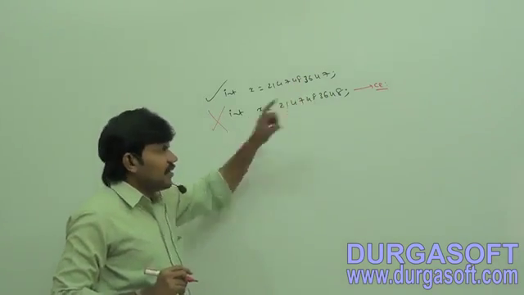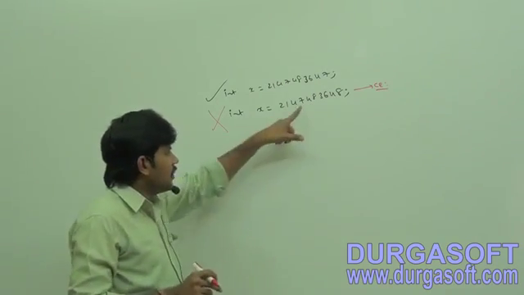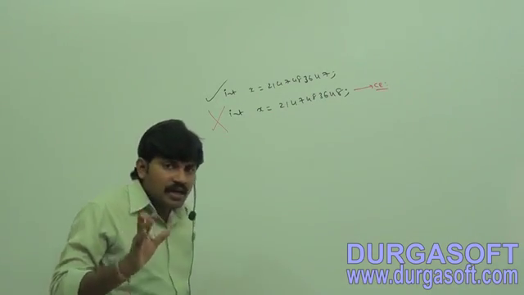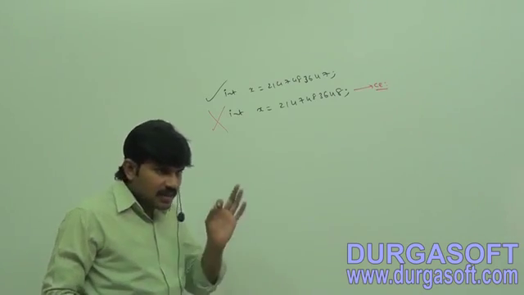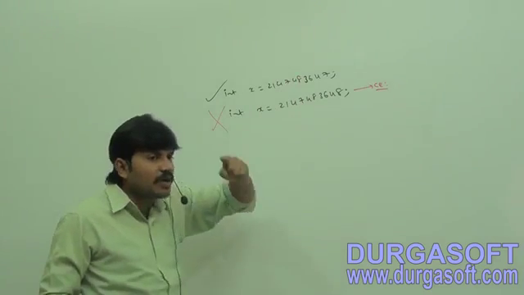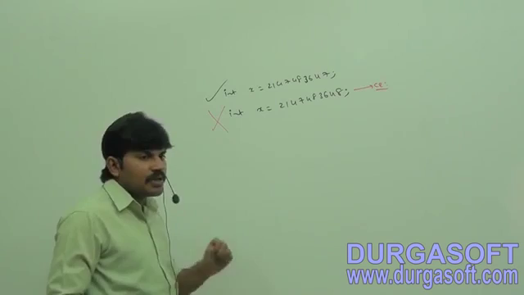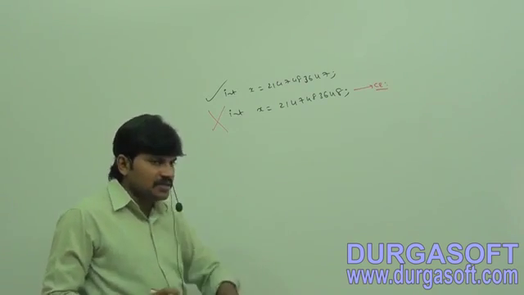Every integral number, the number without a decimal point, is by default considered as int type. The compiler is always going to consider every integral number by default as int type. Compulsorily, every integral number should be in int range.